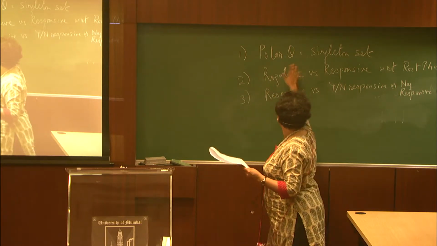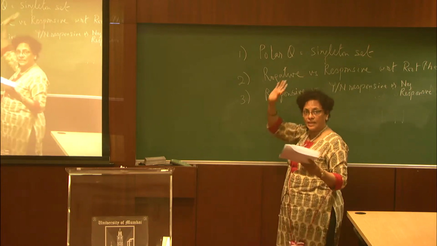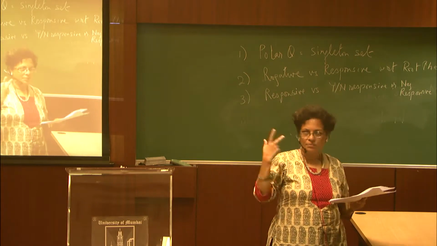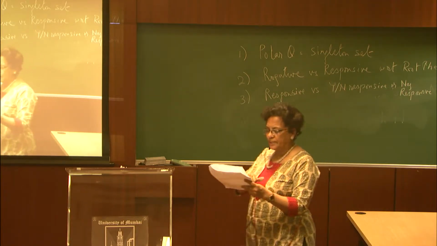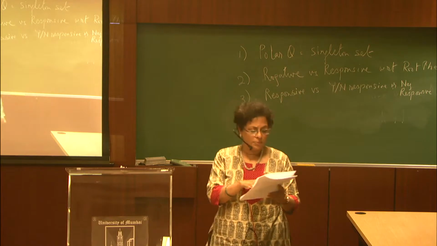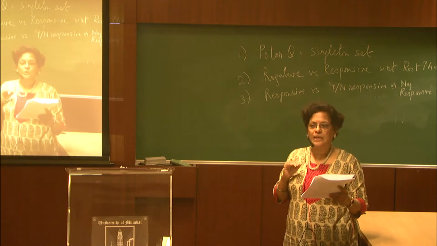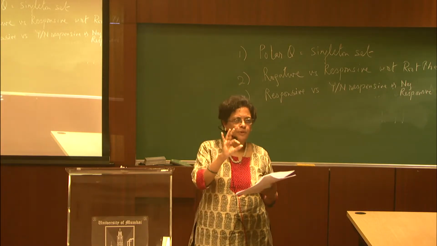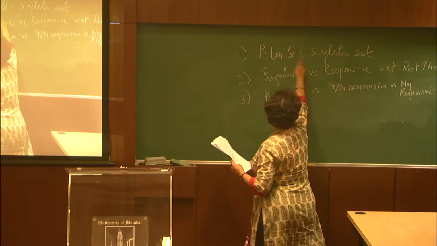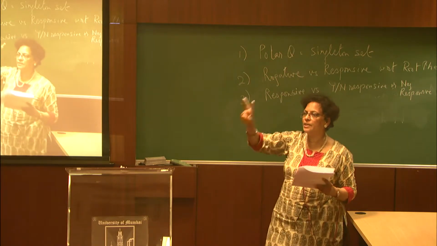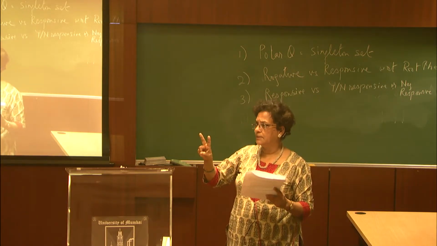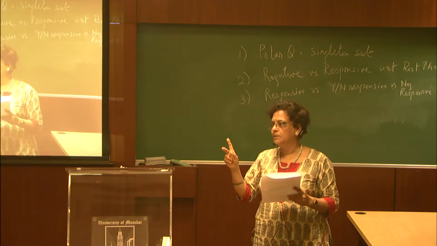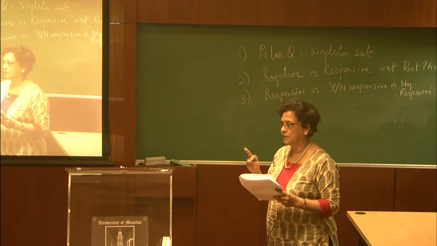So far I said polar questions, as we've discussed, are the singleton set. Alternative questions are not singleton; you always have a multi-membered set. So here's one that looks like it's a problem. So far there's a two-way distinction: polar questions are singletons, alternative and WH questions are multi-membered sets. What we have seen is polar kya goes with yes-no questions. It doesn't go with WH questions, right?